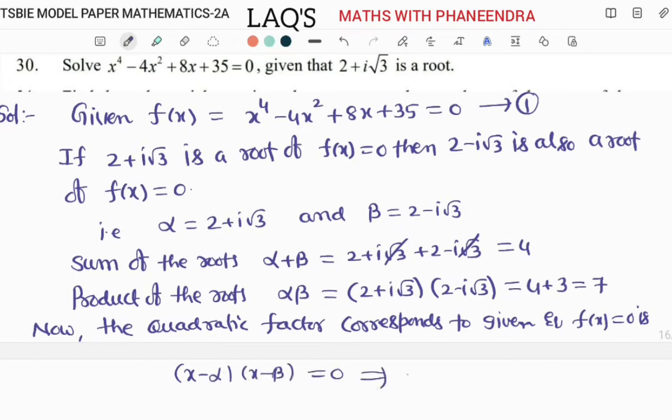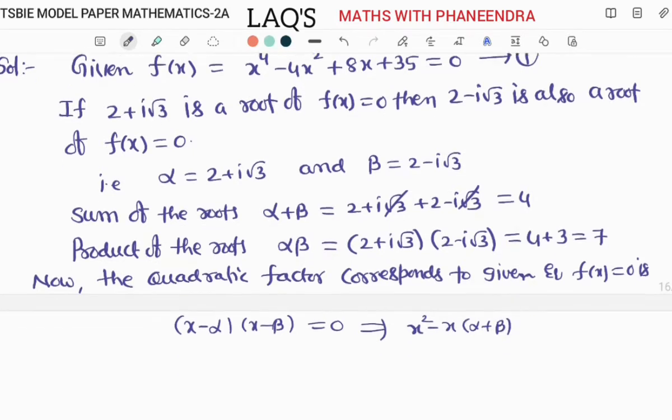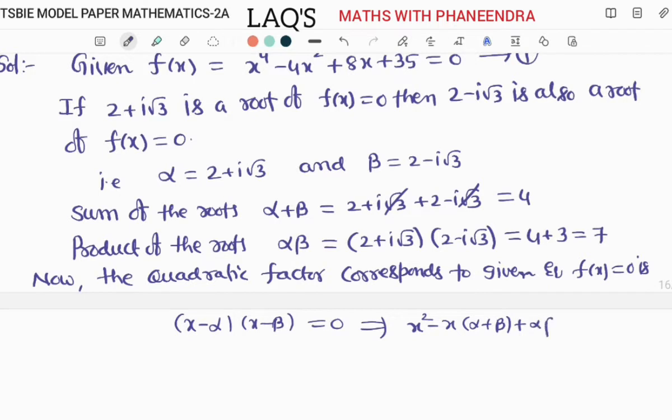That implies that x square minus x into alpha plus beta plus alpha beta is equal to 0. That implies that x square minus x into alpha plus beta, which is 4, plus alpha beta, which is 7, equal to 0. So x square minus 4x plus 7 equal to 0.